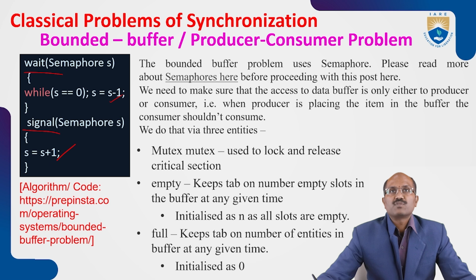Empty keeps track of the number of empty slots in the buffer at any given time, initialized to n as all slots are empty. Full keeps track of the number of entries in the buffer at any given time, initialized to 0.